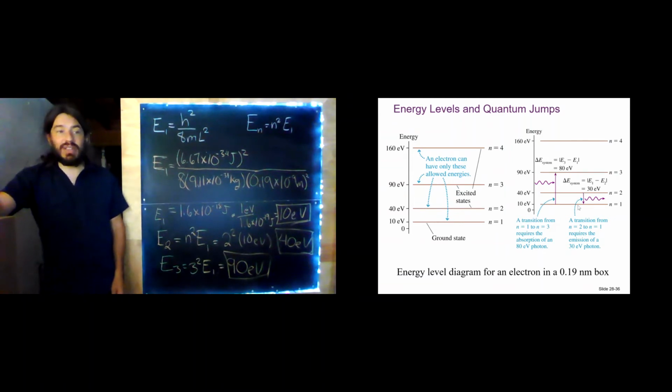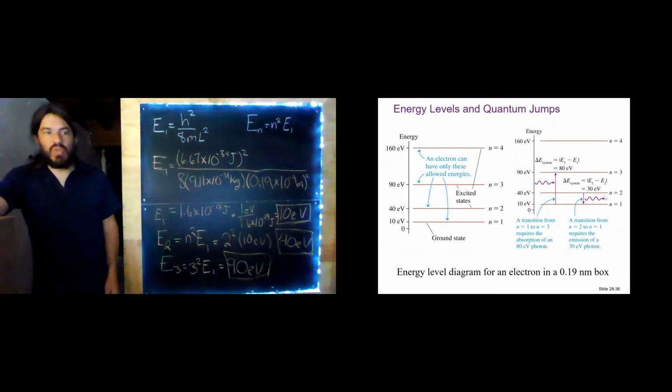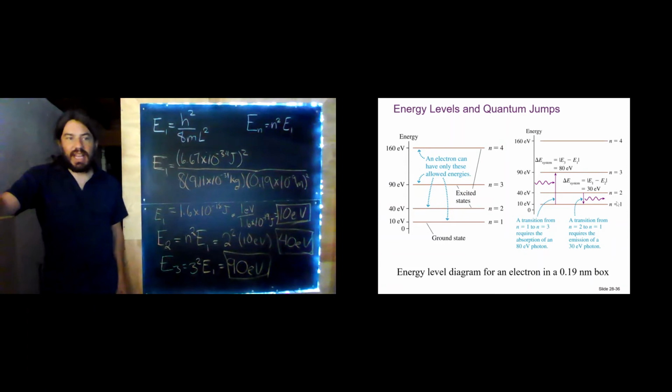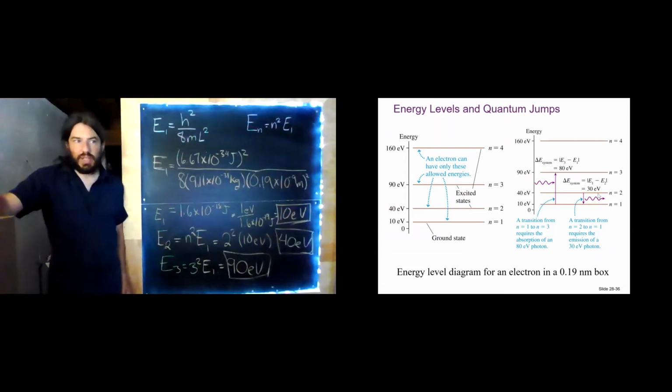It could jump down to the n equals 1 state by releasing a photon. How much energy would that photon carry? Well, it would carry the exact energy that is the difference between these two states. So 40 minus 10 is 30. Therefore, if this system moved from the n equals 2 state to the n equals 1 state, it would release a 30 electron volt photon.